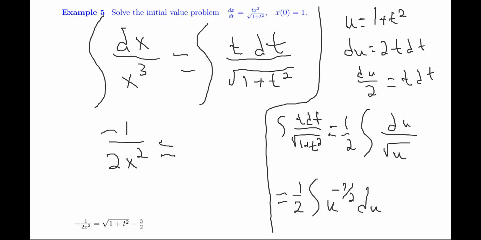To integrate that, we add 1 to the exponent, so we get a positive 1/2. Then we divide by 1/2. Well, division by 1/2 is the same as multiplying by 2. So this just becomes u to the positive 1/2 plus some constant c. Recall that u was 1 plus t squared, so this is really equal to the square root of 1 plus t squared plus some constant c. So that's what's on our right-hand side up here.